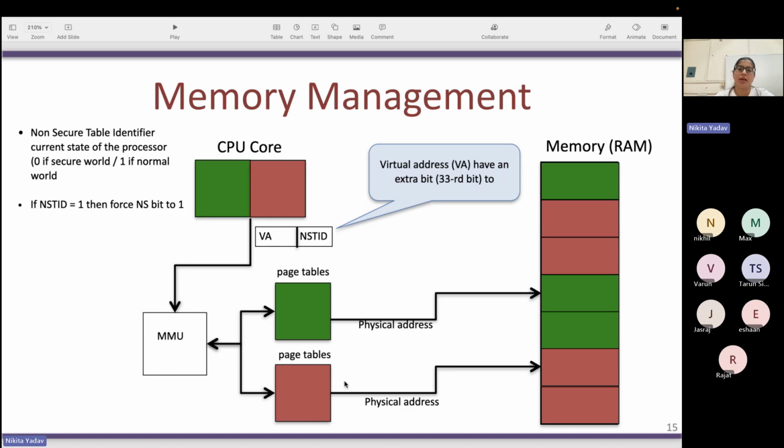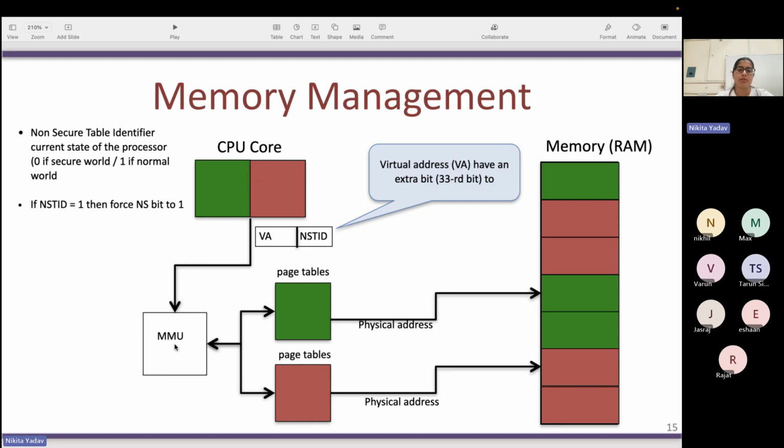So in this way, when your processor is running in the normal world, it will be forced to access only the physical memory which has been configured as the normal world memory. It cannot access the secure world memory, and that guarantee is provided by the hardware, because the hardware here, the memory management unit, is aware of the fact that the CPU is currently running in the normal world.